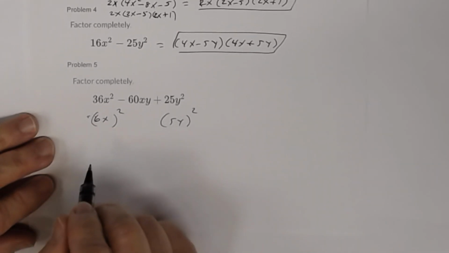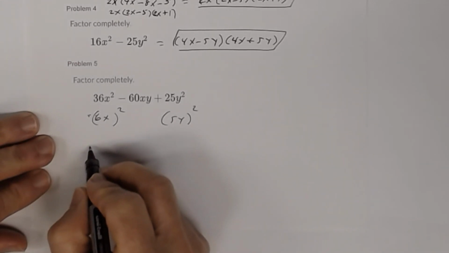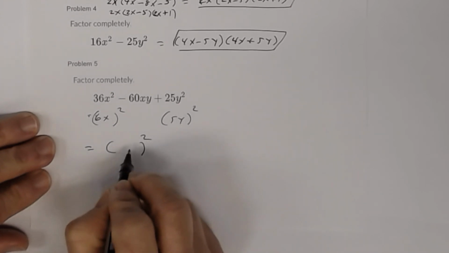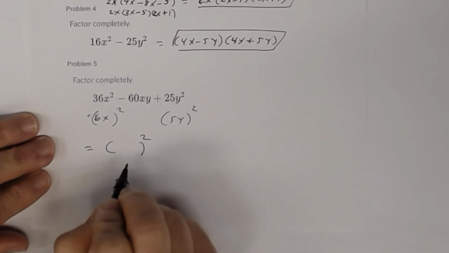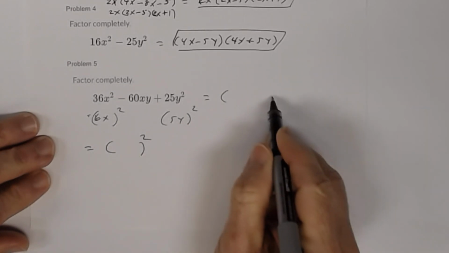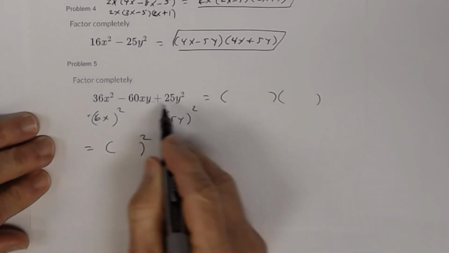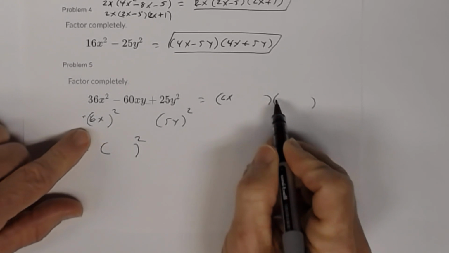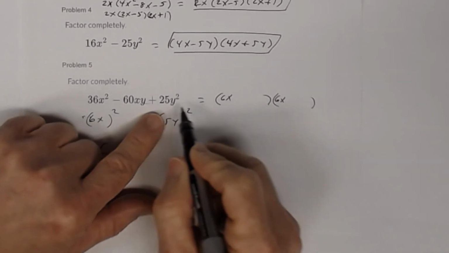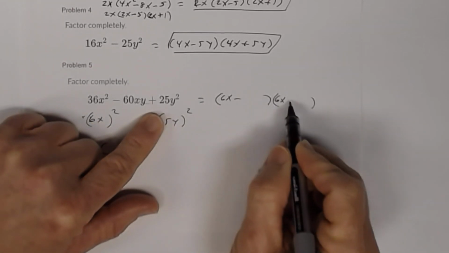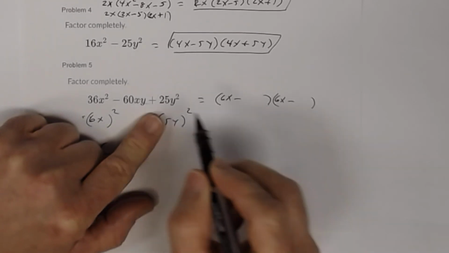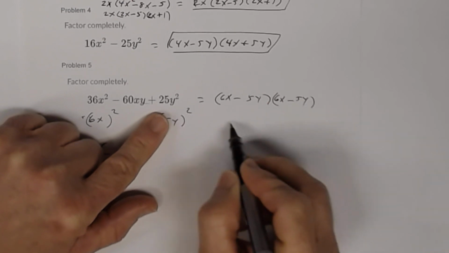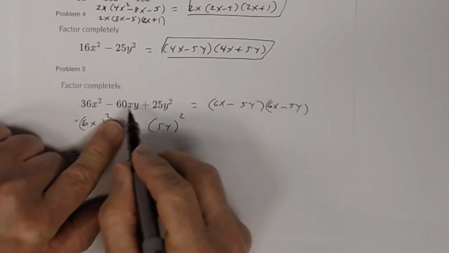So that's a perfect square trinomial, meaning that when you factor it, the two binomials are going to be identical. So it'll be a binomial times itself. Again, the GCF is 1 here, but that's going to be 6x, and the last sign's positive, so that's going to be negative, negative, because you want the middle sum to be negative. And then 25y squared is going to be 5y, 5y.